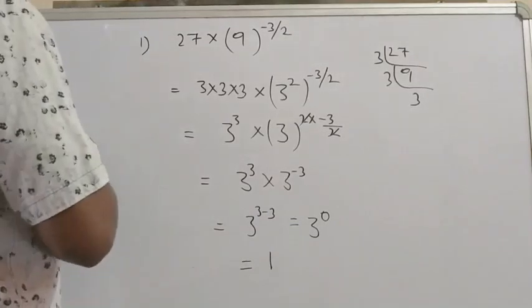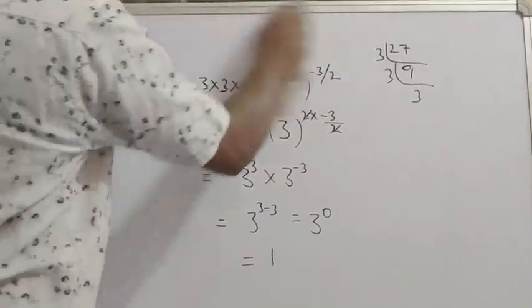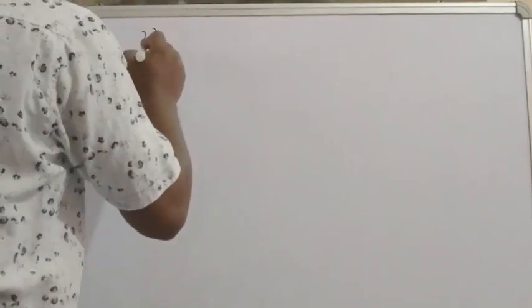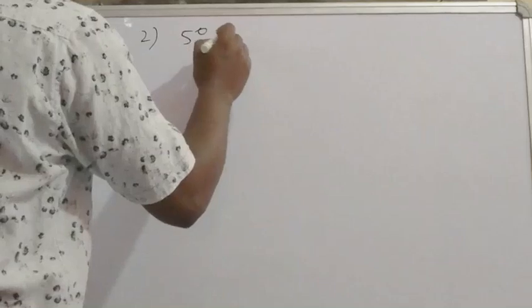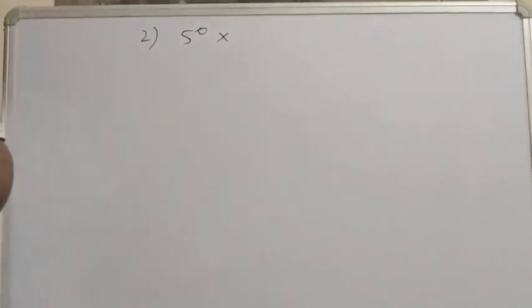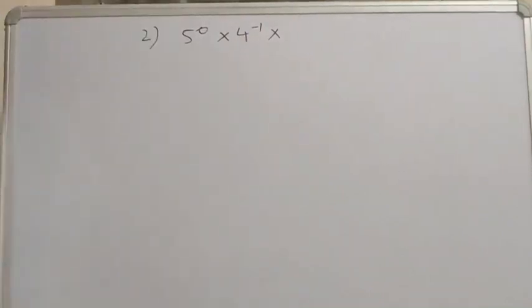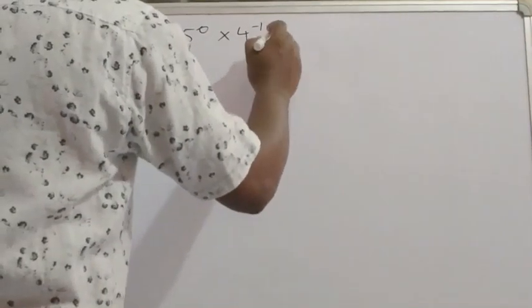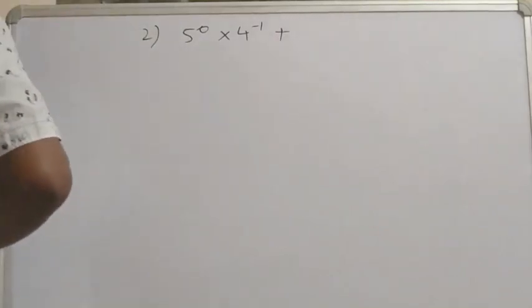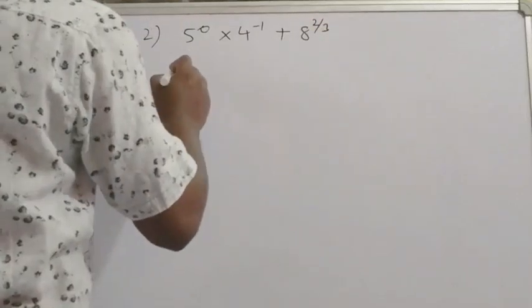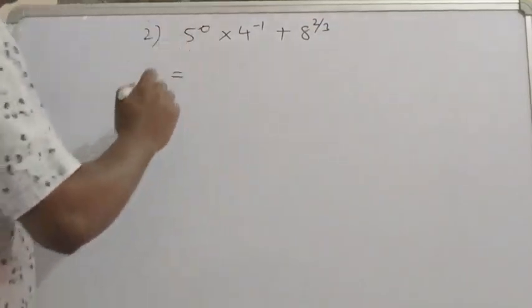Suppose another question is given. Question number 2: 5 to the power 0 into 4 to the power minus 1 plus 8 to the power 2 by 3. You know power 0 means it becomes 1.